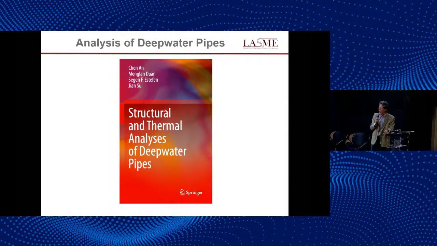The second part is fluid structure interaction, which I presented, work with Professor Anchen and Professor Duan. And the last part was flow assurance, the thermal analysis, some work we carried out together, Professor Sijin and me.